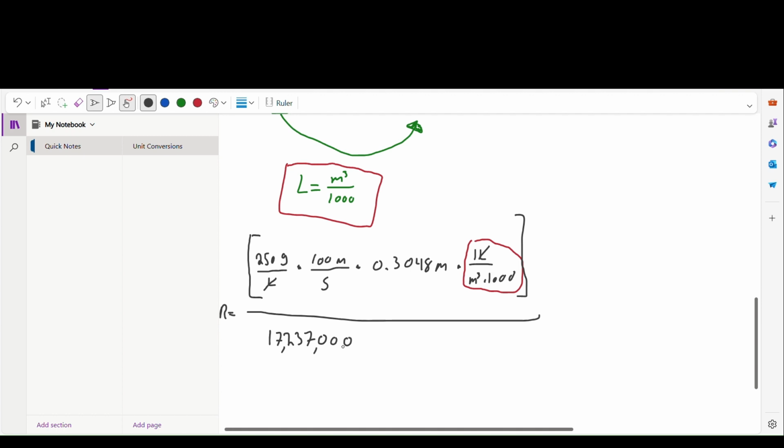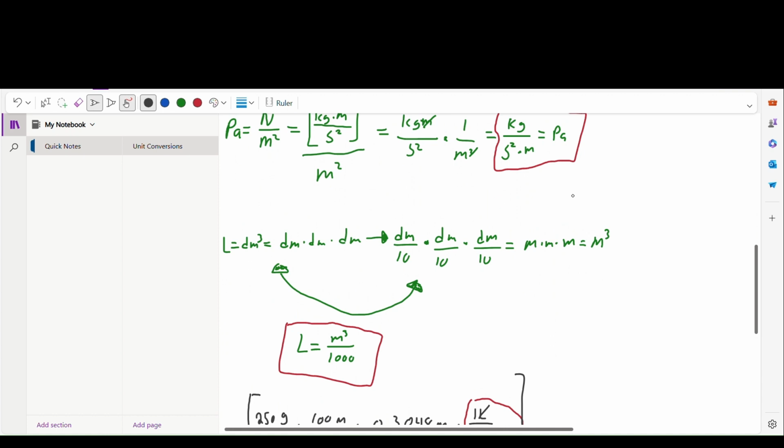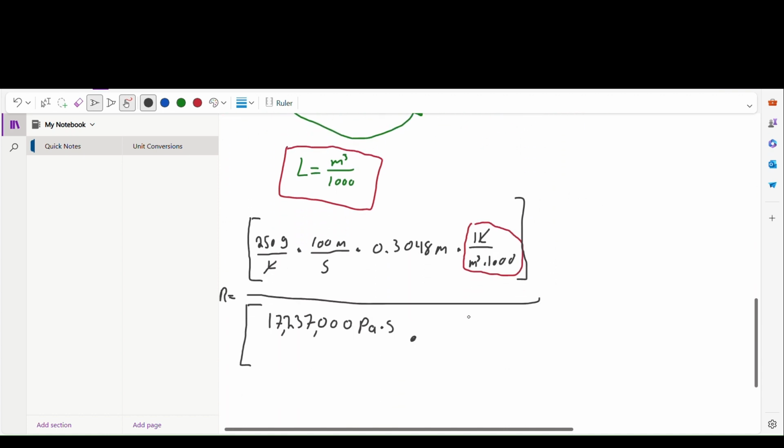But wait a minute. I said it earlier. We're going to do pascals times second. But what did I say up top? Pascal is a kilogram per second squared times meter. 1 Pascal is a kilogram per second squared times meter.